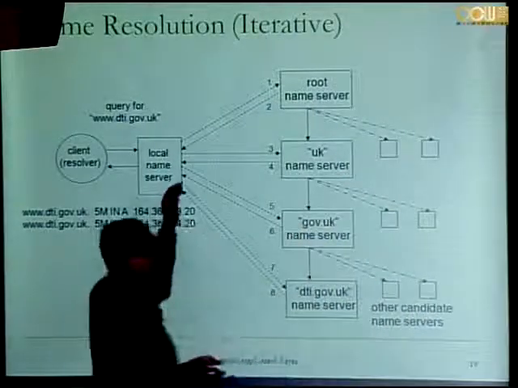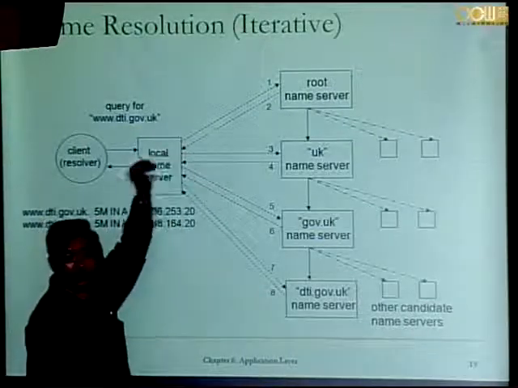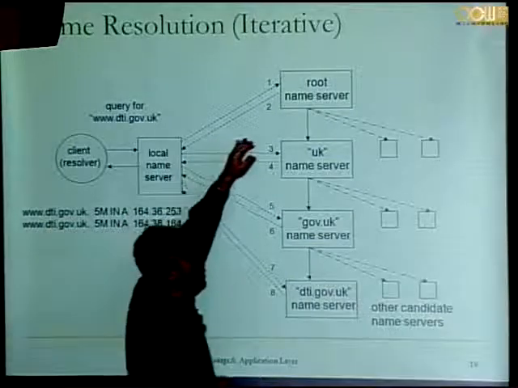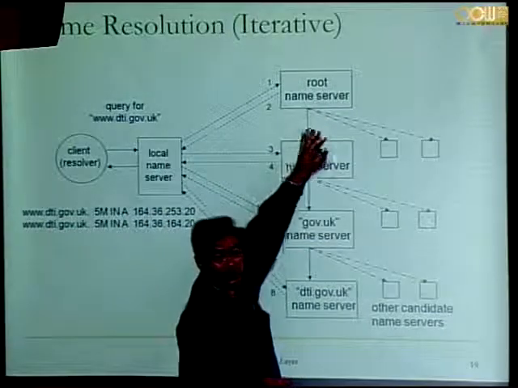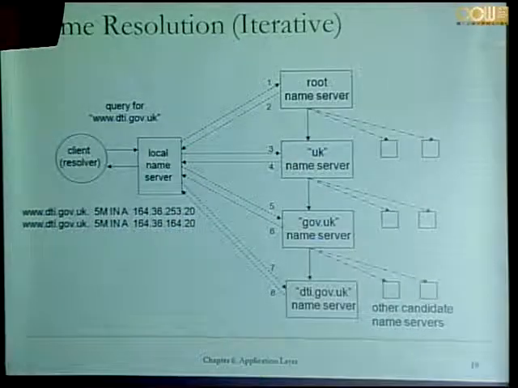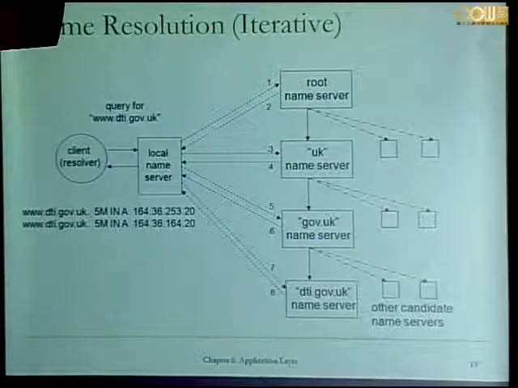If it's iterative, then all the name servers just redirect. They don't memorize anything. But if it's recursive, then they need to handle my request. I just ask the root name server and wait for the answer. I don't ask the other servers.